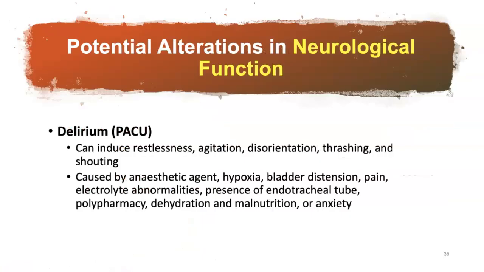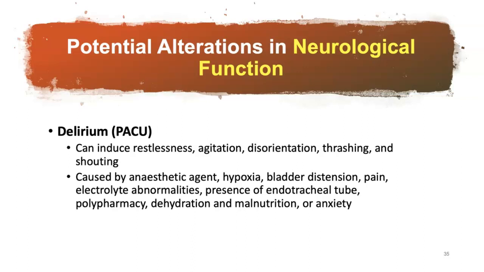What about neurologic function? So in the PACU, you may have delirium, and it can include such symptoms as restlessness, agitation, disorientation, thrashing, and shouting. It may be caused by anesthetic agents, hypoxia, bladder distension, pain, electrolyte abnormalities, presence of the endotracheal tube, polypharmacy.